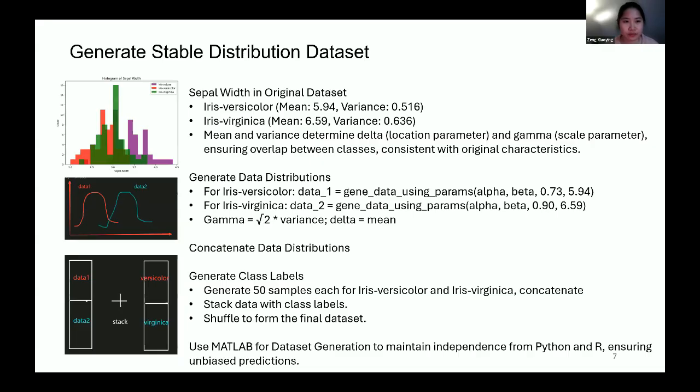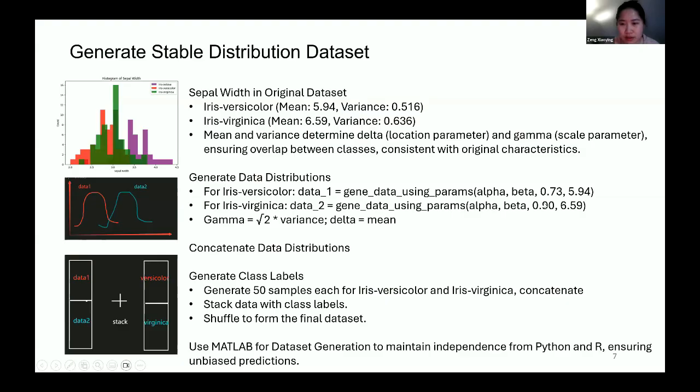We also use the iris dataset to generate new datasets. For example, based on the mean and variance of Versicolor and Virginica, we generate data based on alpha, beta, gamma, and delta.